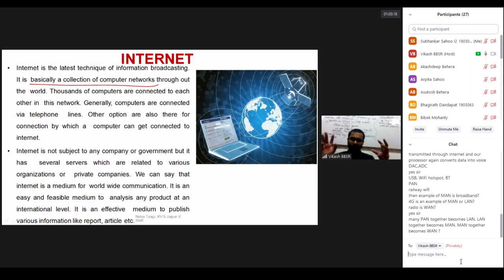In the internet, all the LAN, MAN, WAN are attached to the internet. Yes or no? Because you are accessing google.com from your mobile, from your village, from your city, from your country. Other persons are also accessing from their city, from their country. The same google.com server.